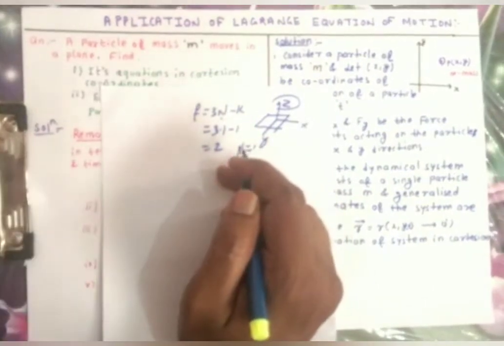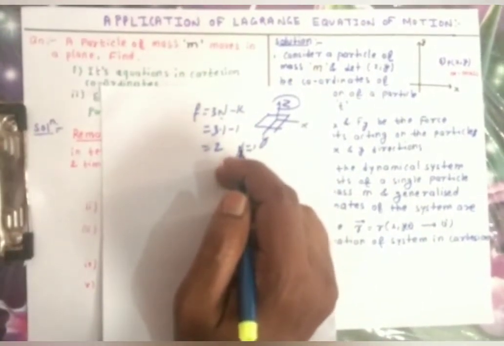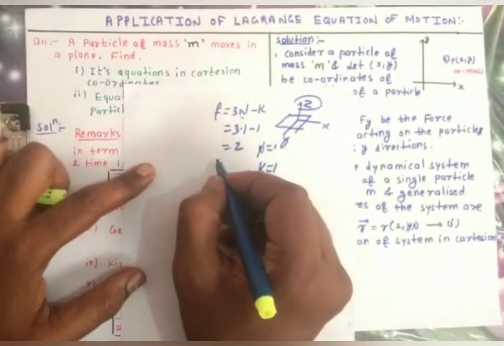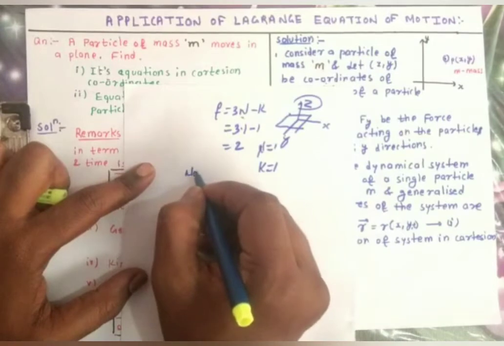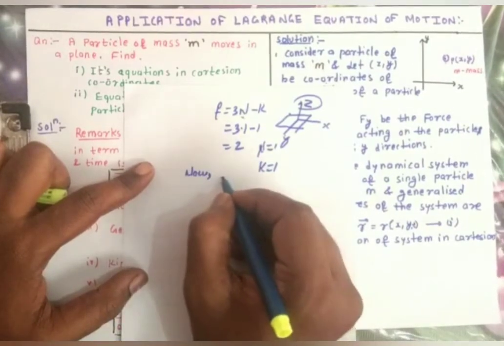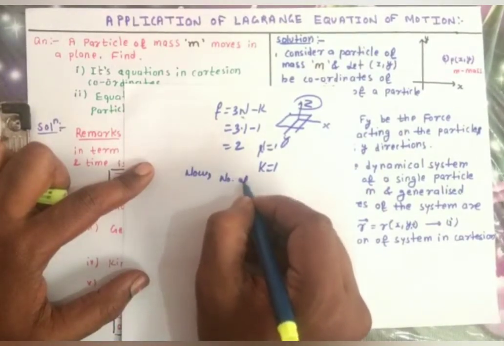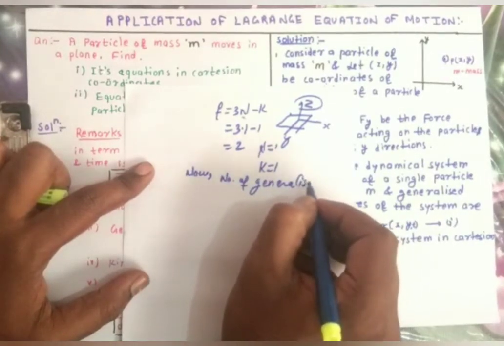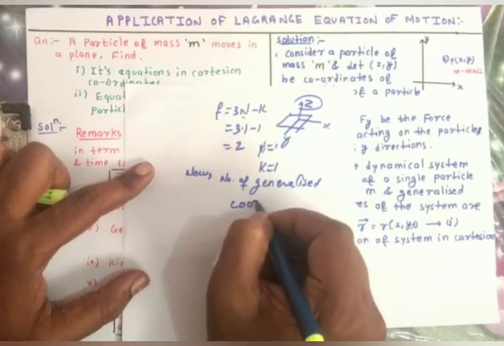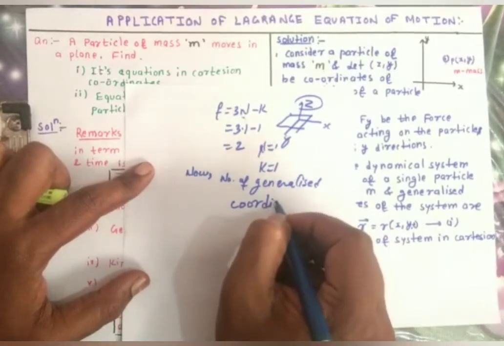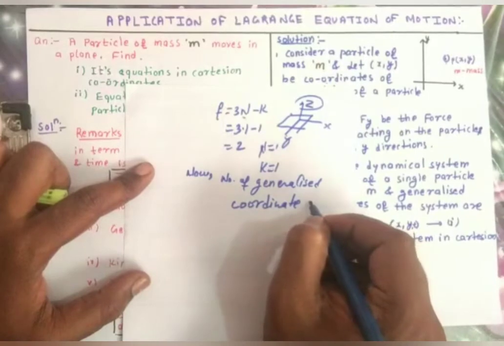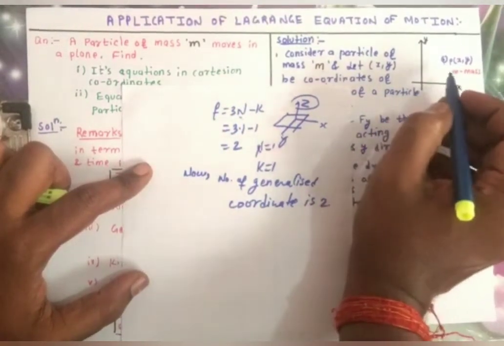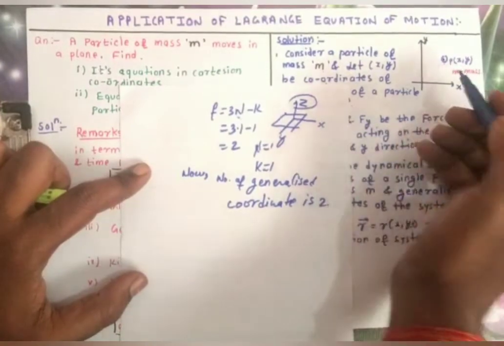So we have how many generalized coordinates? We have 2 generalized coordinates. So now the number of generalized coordinates is 2, and those generalized coordinates are also x and y.